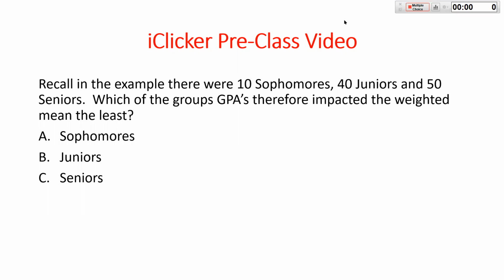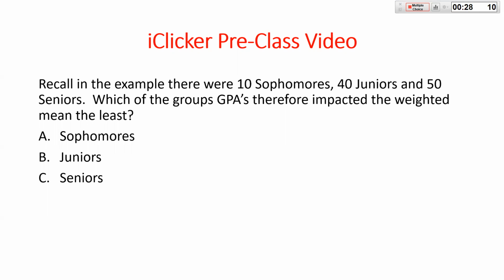So if you paid a little bit of attention to that video, the setup that I reiterated here was that we had this grouped data, right? And we had GPA measures of 3 different groups, sophomores, juniors, and seniors. I'll put the numbers back up here. We had 10 sophomores, 40 juniors, 50 seniors. So when we were looking at the groups' GPAs, which one would have impacted that weighted mean, which should have been the last answer, right?